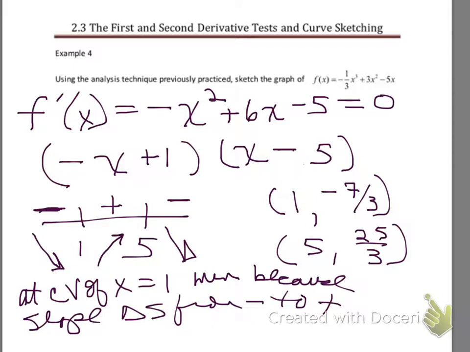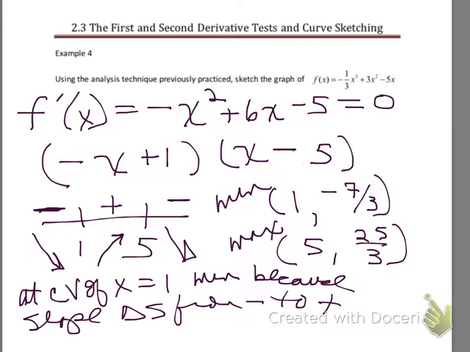Okay, and then I would say the opposite for 5. At the critical value of x equals 5, I have a max because the slope changes from positive to negative. So the point 1 comma negative 1/7 is going to be a min, and the 5 will be a max.